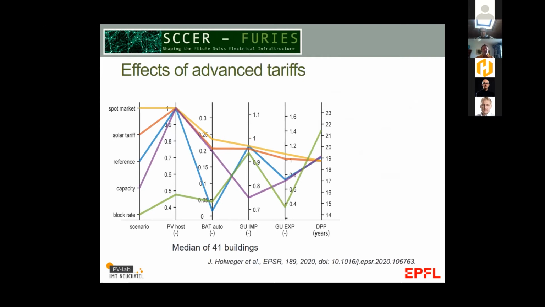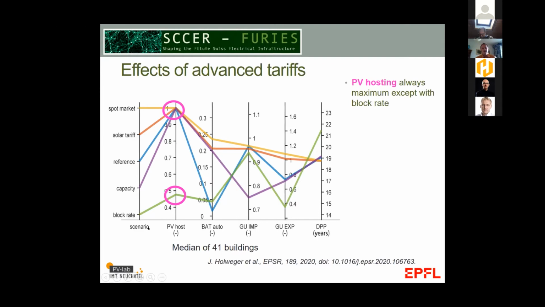After doing the optimization for all the buildings and looking at the effect over a full year of operation, what you see here is that the line represents the median of the 41 buildings that we have in this low voltage grid, and the 5 scenarios or the 5 tariffs that were used.